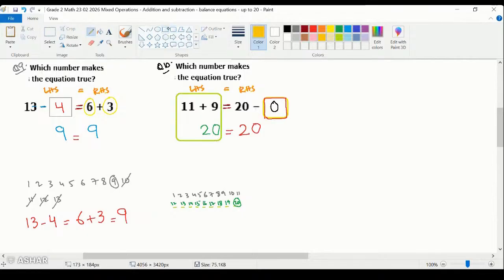Similarly, on the other side, 20 minus 0 would also be equals to 20, right? So finally, you can write this as 11 plus 9 or 20 minus 0. They both are equal to 20.